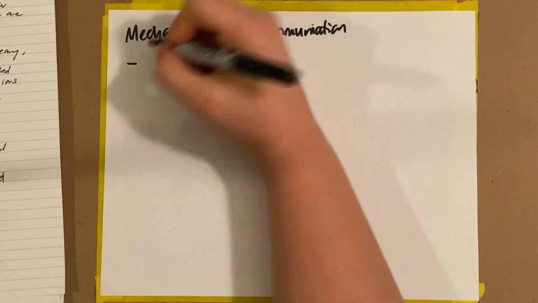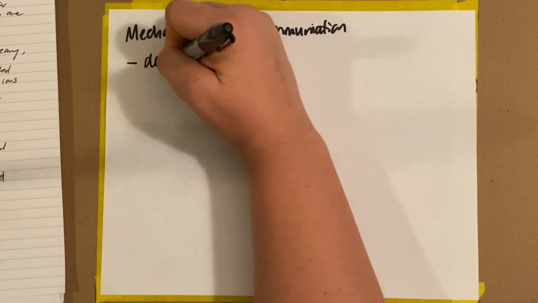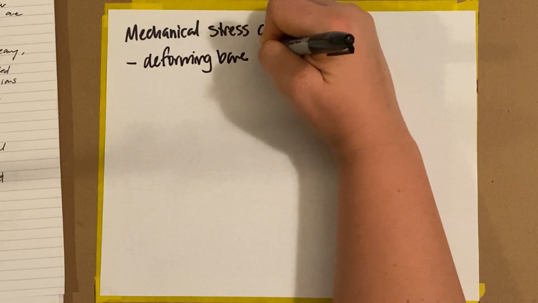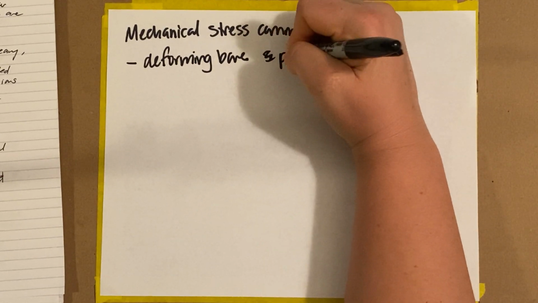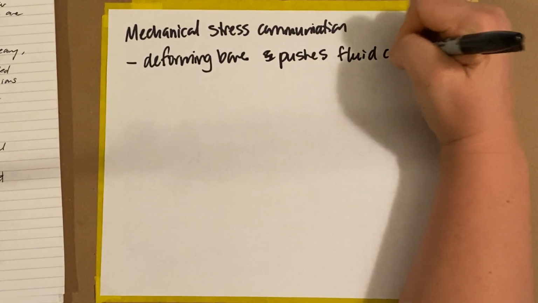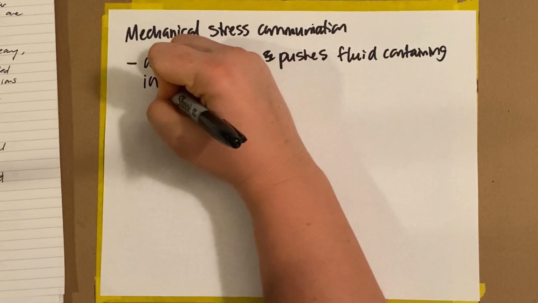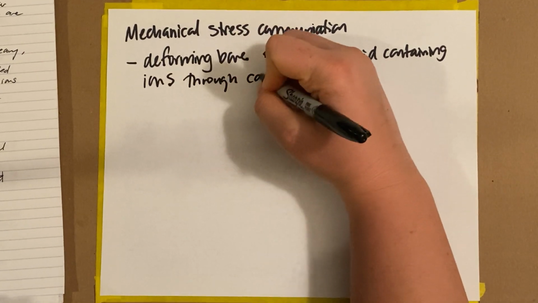So when bone is deformed, so has weight loaded on it, the deforming bone pushes fluid containing ions through the canaliculi.